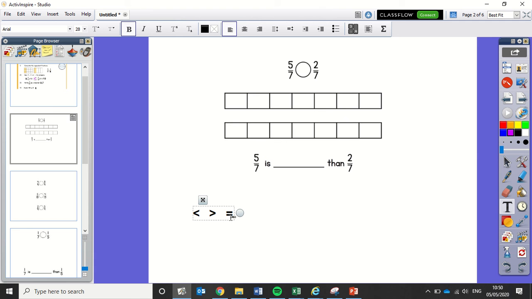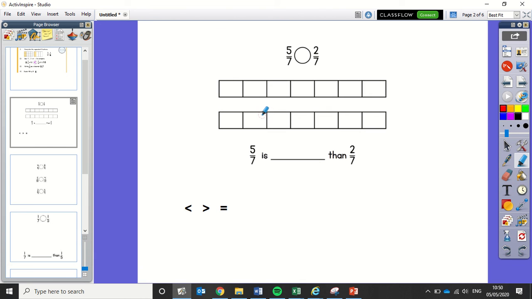So let's have a look. We've got 5/7 and 2/7. We can use a bar model to help us, so I could shade 2/7 in on one of them. And shade in 5/7 on the other one. Not very neat, but it gets the job done.